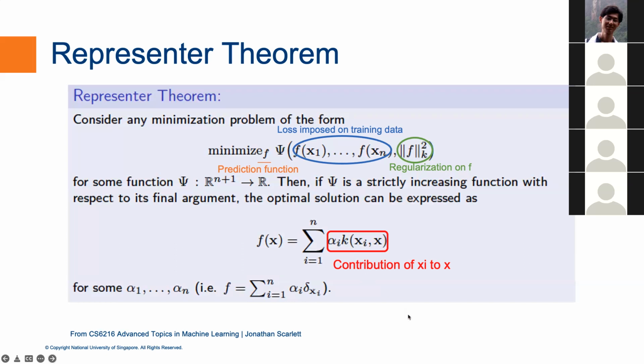Oh, by the way, you have a slide here, which means that Jonathan is actually giving these kinds of explanations in their courses, right? Yes, it is in this course. And Xiangling also attended the course? Yes. Okay, so Xiangling also understands this representer theory.